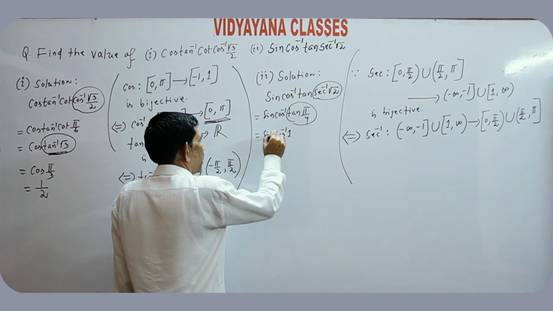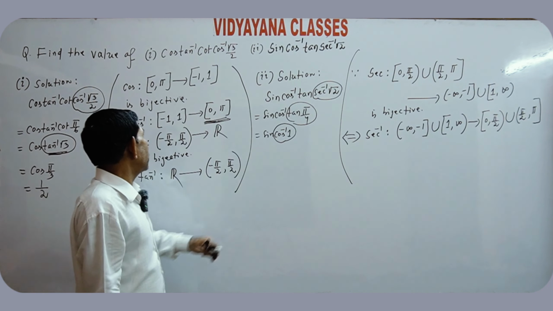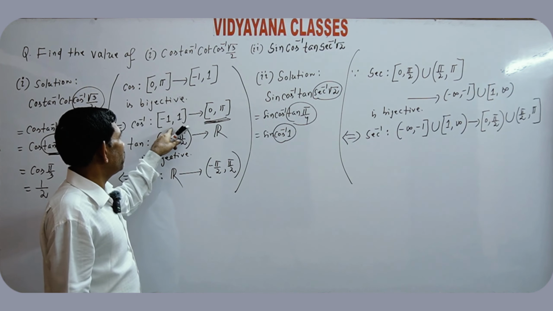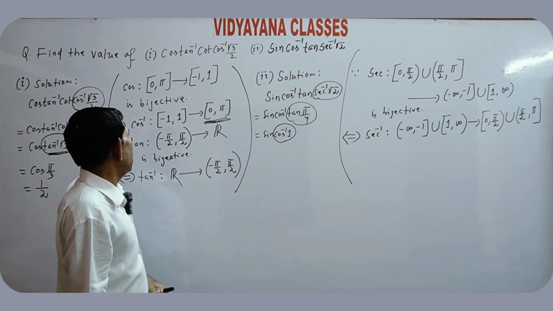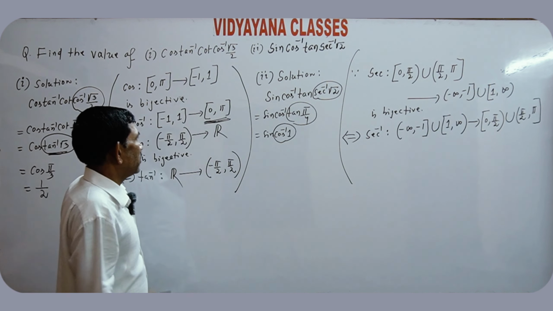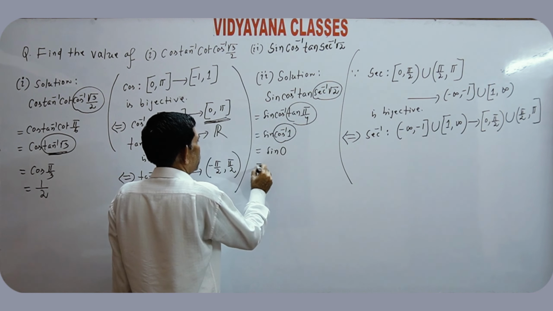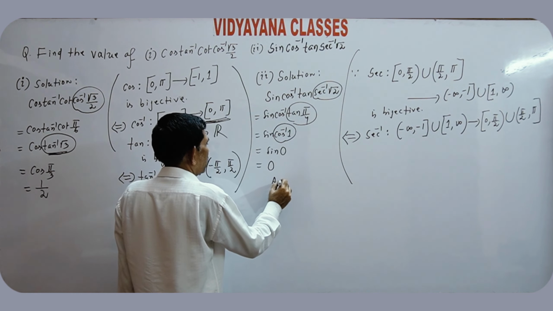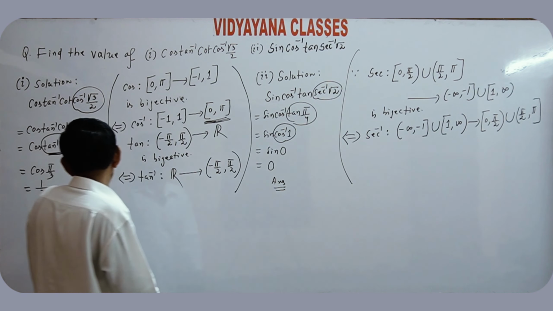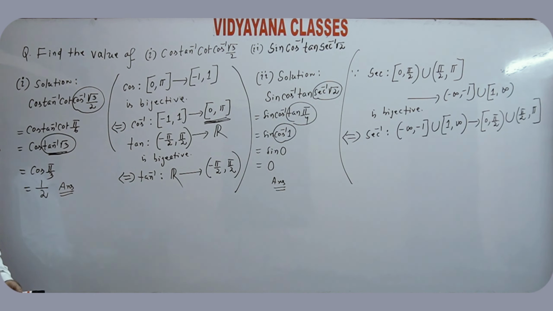Now it is a radian angle: for which angle that belongs to the domain of cos inverse is the cos value 1? Cos 0 is equal to 1, so sin 0 is equal to 0, which is the answer. Clear? Are you clear? Okay, note down.